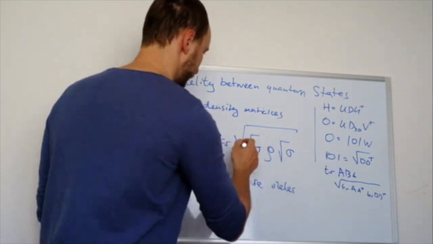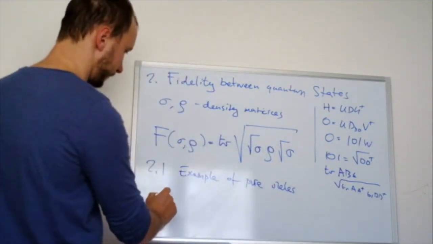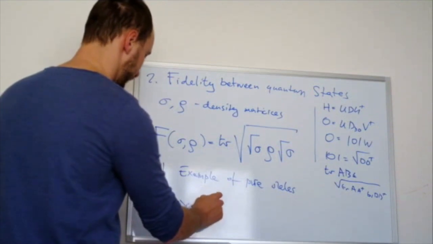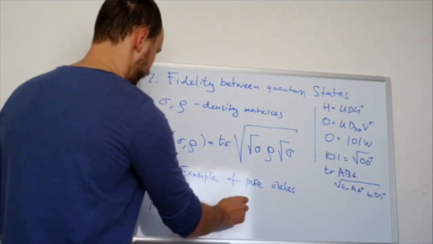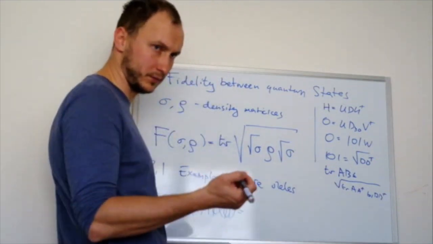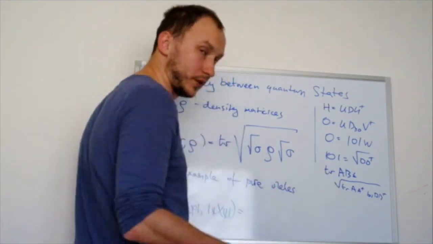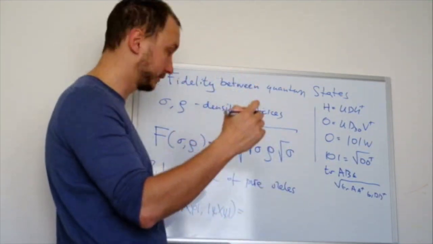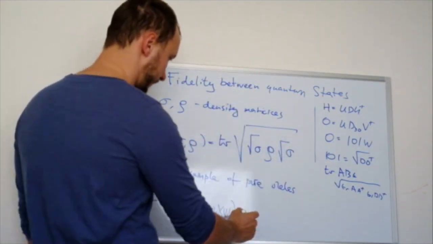Pure states, and for pure states it really becomes easy, because we just have f of phi. So I've got 2 projectors. For any projector, the square root of a projector is also the same projector, right? Because it's just a matrix with 1 somewhere.